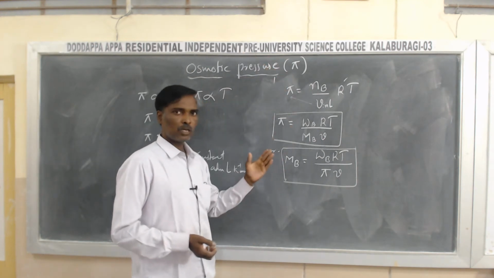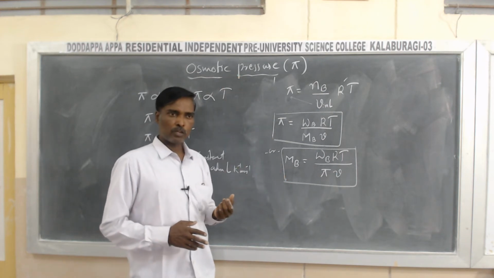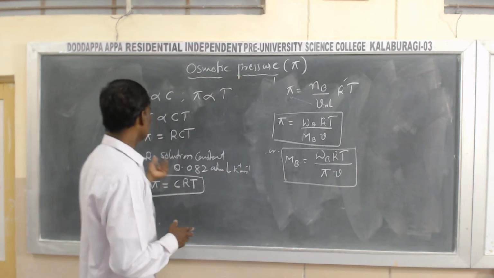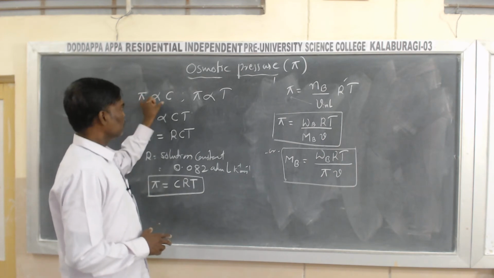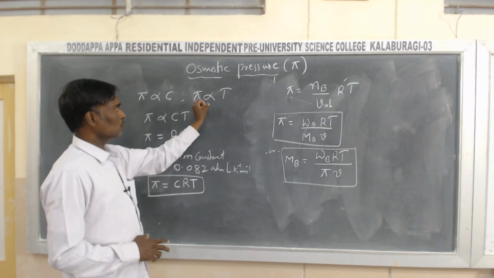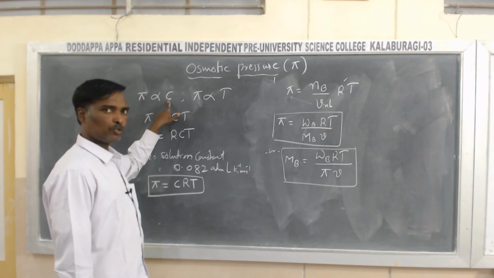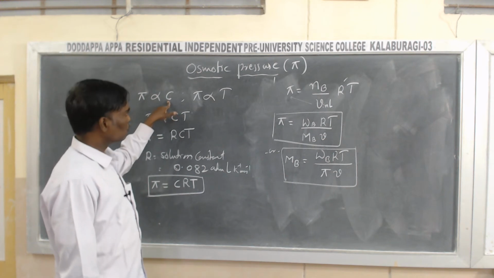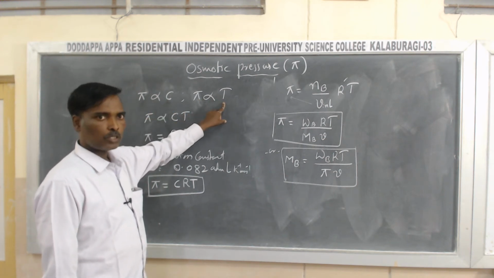If they ask how you calculate the molecular mass using osmotic pressure as one of the colligative properties, first define osmotic pressure. It depends on the concentration and also on the temperature. Therefore osmotic pressure is directly proportional to the concentration of the solution and also directly proportional to absolute temperature.